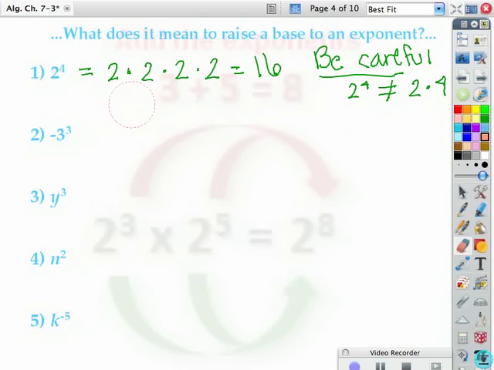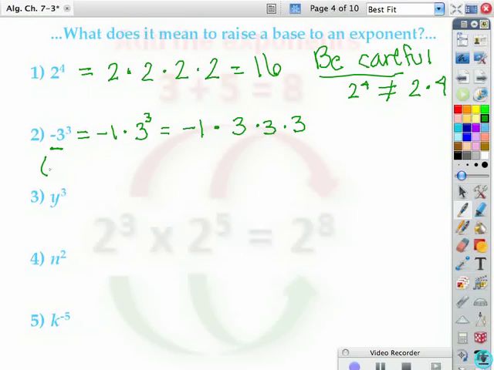Now if you have a negative number being raised to an exponent like this, since this negative 3 is not in parentheses, what this is really saying is negative 1 times 3 to the 3rd. So really we have negative 1, and then we have the 3 separate times.